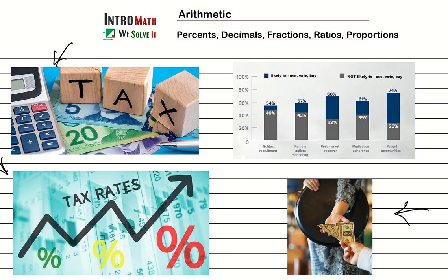And then look at this picture here, the one on the right top. It represents a lot of stuff, like when they ask people what kind of brand of phone are you likely to buy, iPhone or Samsung phone, stuff like that.